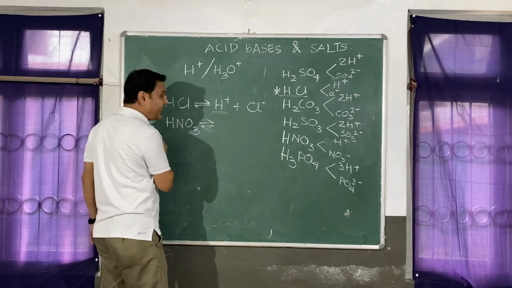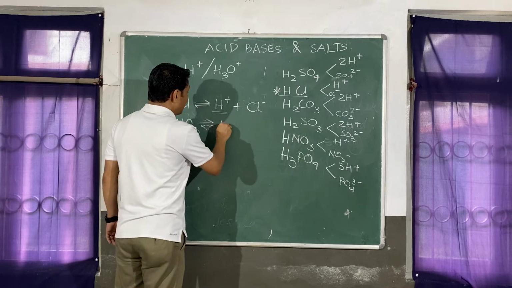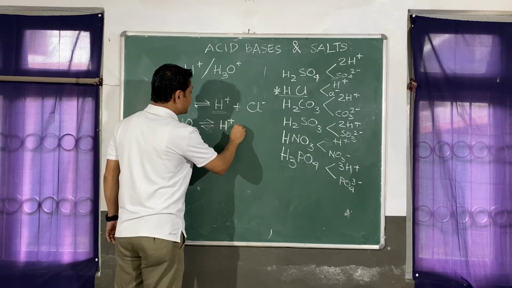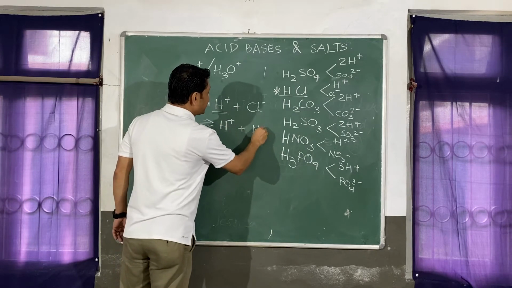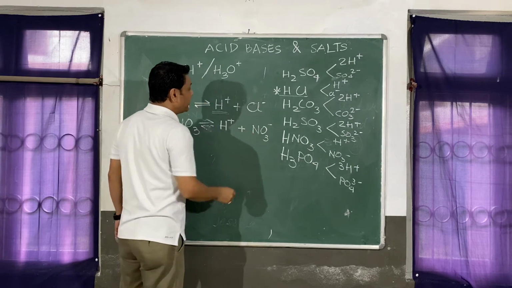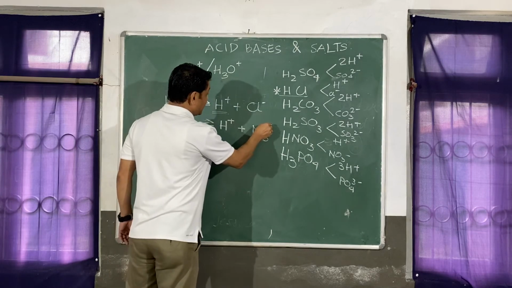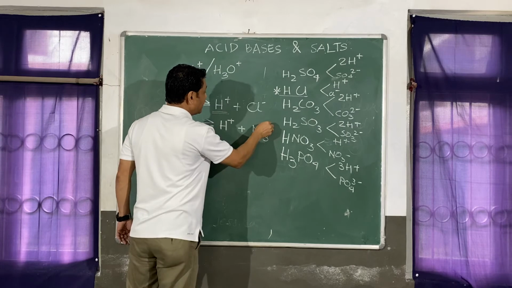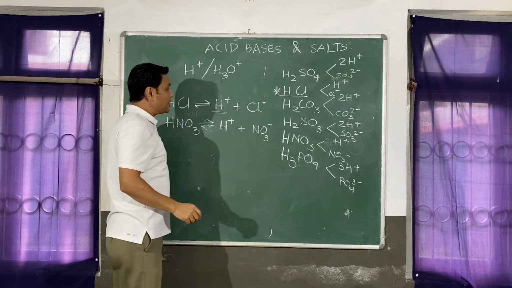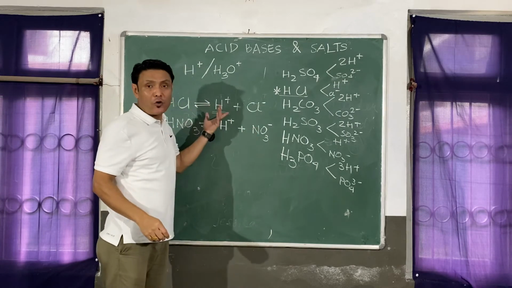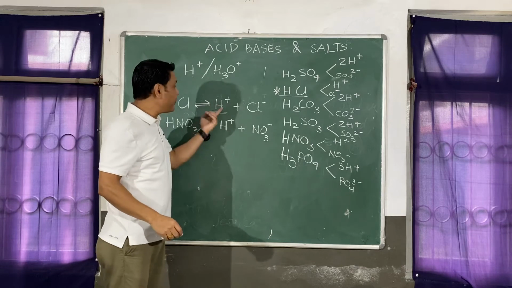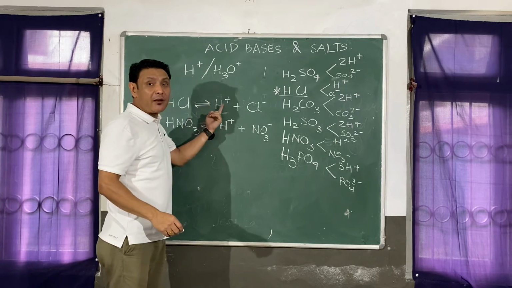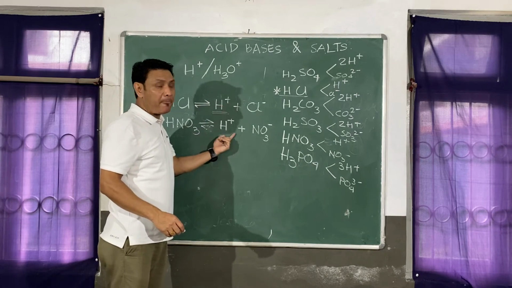dissociates completely to produce high concentration of hydrogen ions and nitrate ions. Now over here, the valency is very, very important. I've told you to learn it in class 7. The valency of hydrogen is 1, therefore it produces a single positively charged ion.